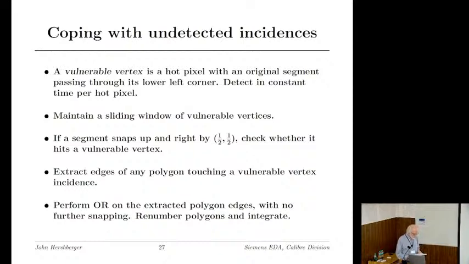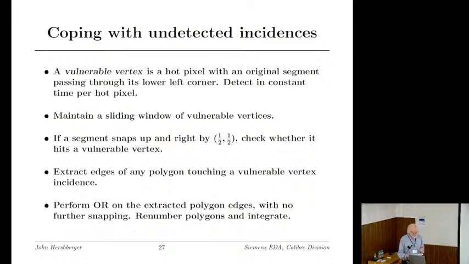And because the edges belonging to the same polygon are maintained in a union-find data structure, it's actually possible to identify all of the edges that belong to those polygons. So we extract those edges and we perform another OR operation without snapping on the extracted polygon edges, then renumber the polygons and integrate them back into the result.